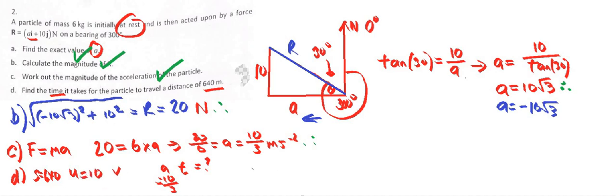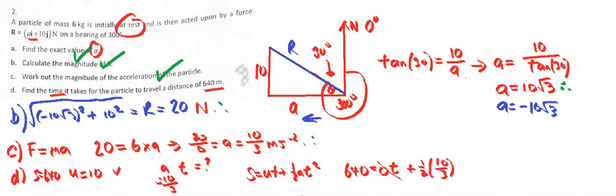Okay, so I've got that. I think about my equations. I know that S equals ut plus a half at squared. So let's substitute in what we've got. 640 equals 0 times t, so that's 0, plus a half times 10 over 3 times t squared. So again, we do that.